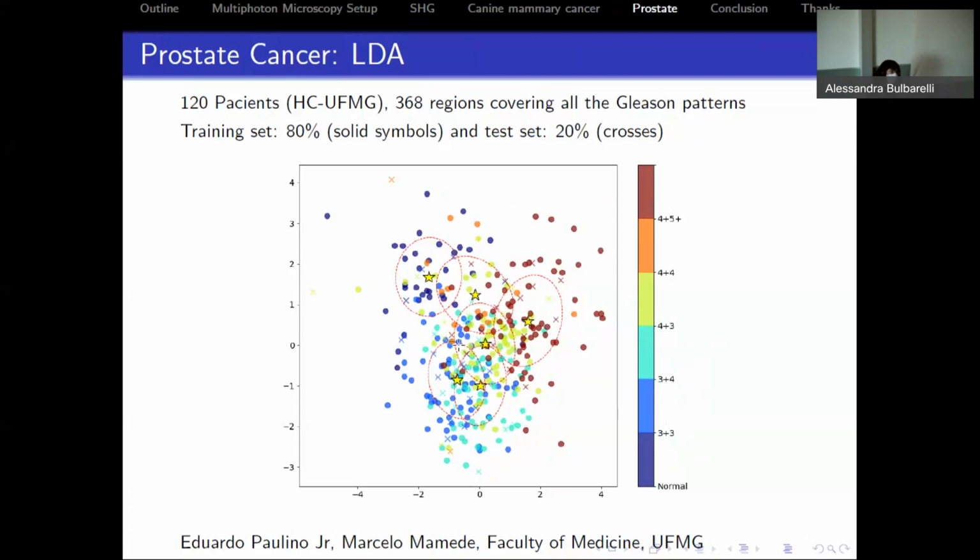But it's a difficult task because we were plotting the data as compared with the pathologist diagnosis, which is also imprecise. And so that's what we are now trying to work on. Well, let me show you.